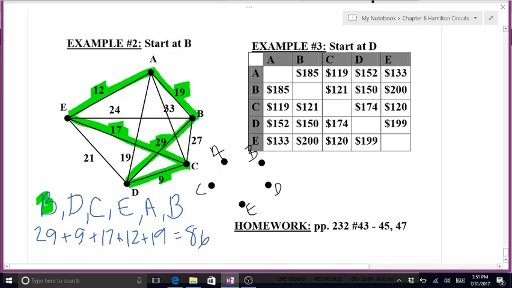Okay, if we look at this, it looks like our smallest number up here is this 119. 119 connects A and C. Our next smallest number up here is this 120. 120 connects C and E.